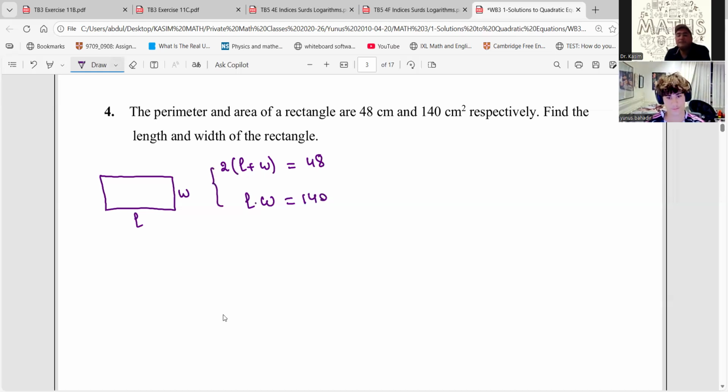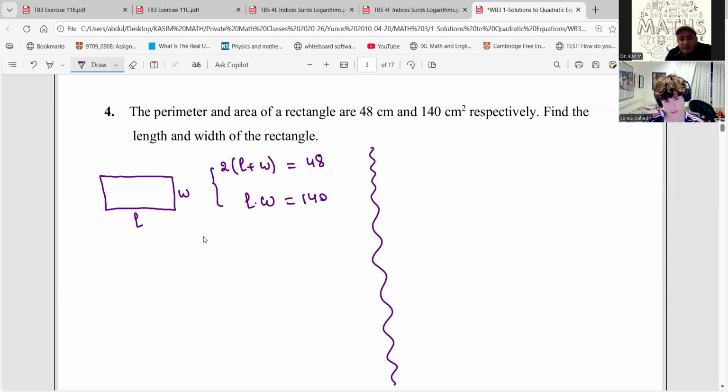Okay, next step. Now we can divide the two to find length plus width? Using the first equation, we can express L or W in terms of the other one, right?